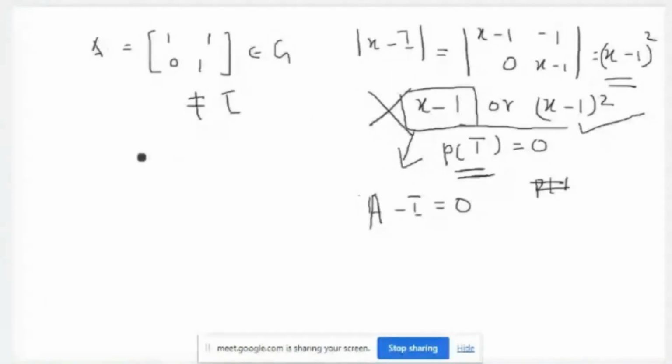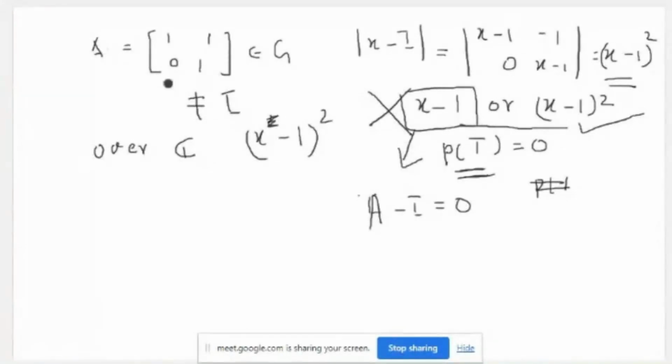But over C, a matrix is diagonalizable if and only if its minimal polynomial is a product of distinct linear polynomials. That is another result in linear algebra. Here the polynomial is x minus 1 the whole square, which is not a product of distinct linear factors, so it's not diagonalizable.